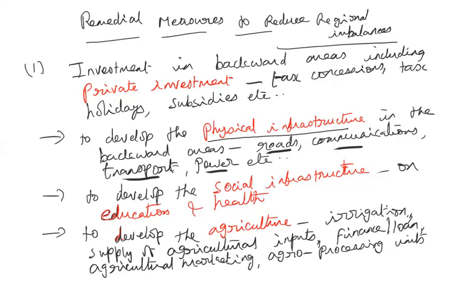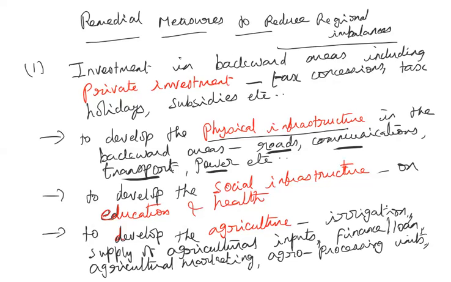So the farmers need not depend only on land. They need not depend only on cultivation. Side by side, all these other areas could be developed, investment can be made, and farmers should be able to depend on all these other areas. All these are related to agriculture only.